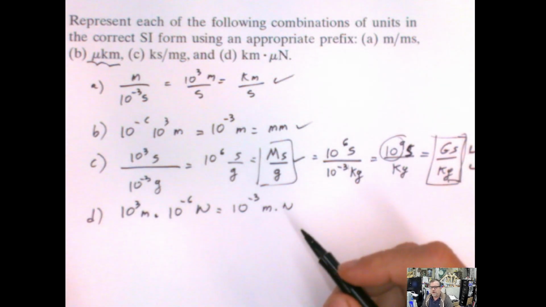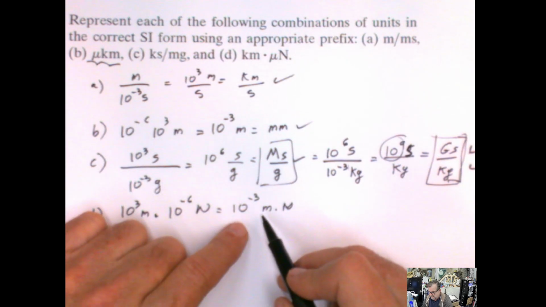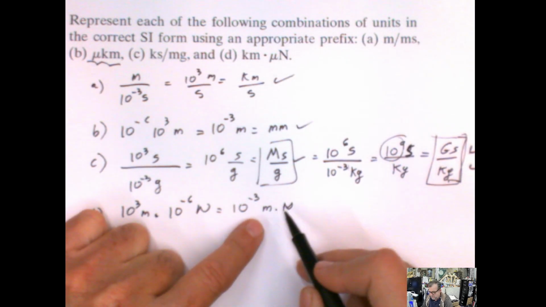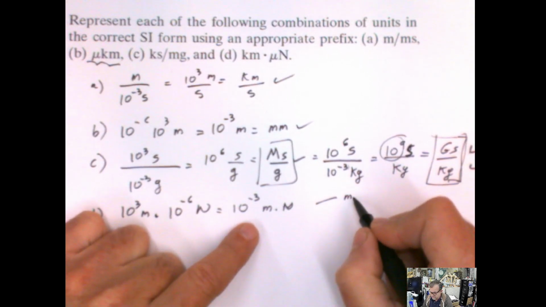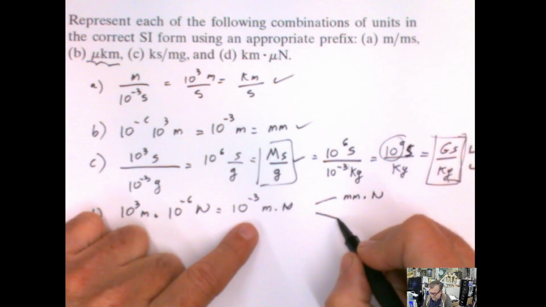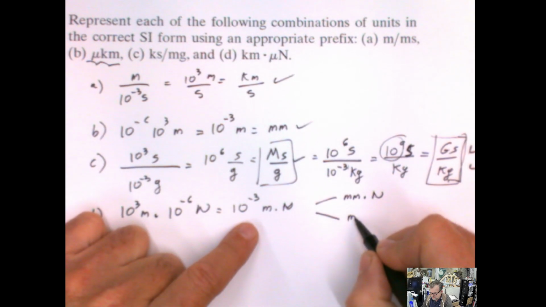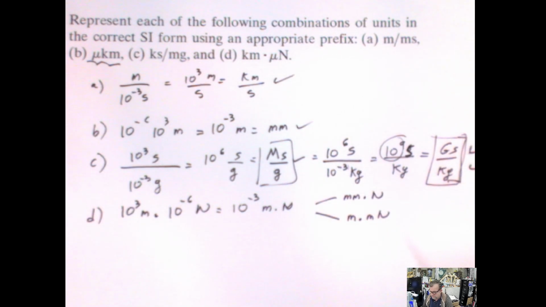Now, this is another curious thing because I could say that this is millimeter Newton, right? But I could say also that it is meter millinewton, and both of them will be correct.